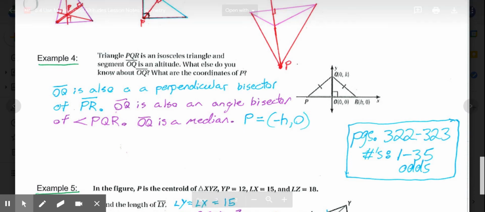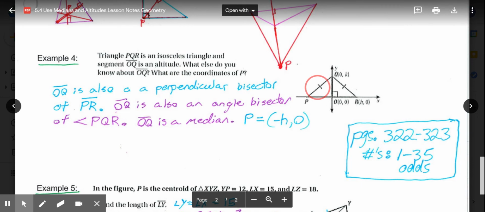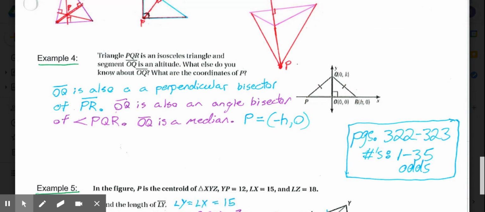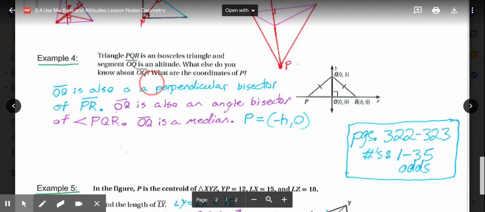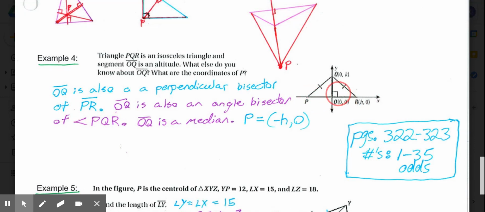So in this case, saying that OQ was an altitude, because PQR is isosceles, it ends up happening that OQ is also a perpendicular bisector of PR, meaning it meets segment PR at 90 degrees and cuts it into two equal pieces.